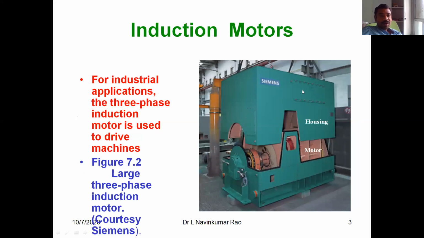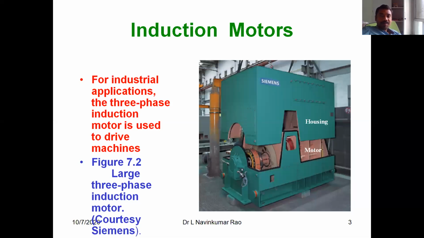This is the pictorial diagram of a large size three-phase induction motor. I hope this picture is visible to everybody. You can see the motor is in the center, and that green colored box is the housing. The company name is Siemens.